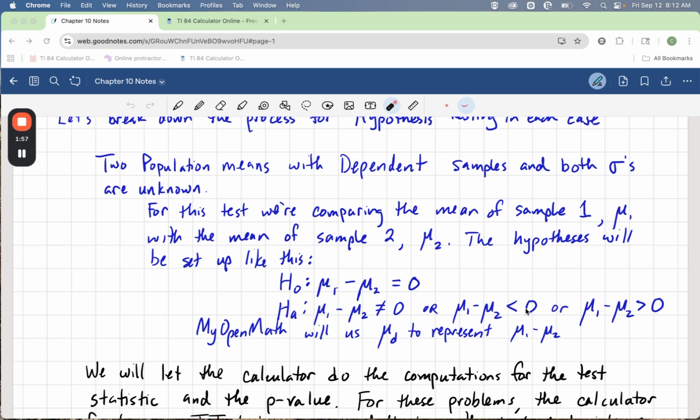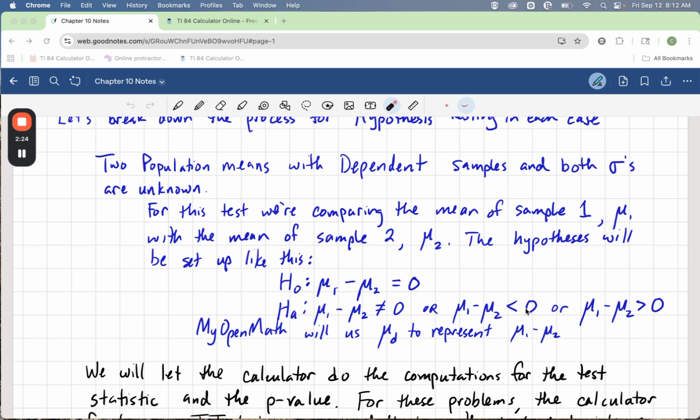The null hypothesis is going to be set up like this: H0 is that the means, when you subtract them, equal 0. In other words, the means are equal. The alternative hypothesis is if you subtract them, they're not equal, or mu1 is less than mu2, or mu1 minus mu2 is less than 0, or the opposite, mu1 minus mu2 is greater than 0.